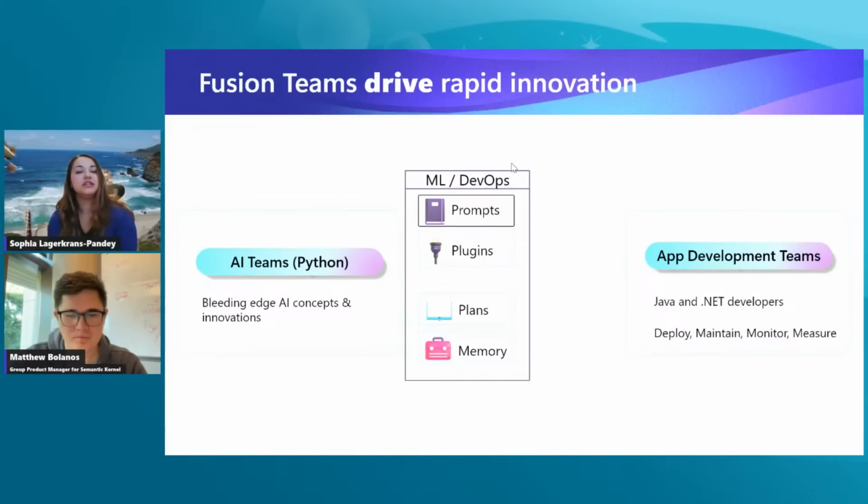But what we've been seeing lately, with all of the changes in the last couple of years within AI models, is they've gotten so advanced and so good that a lot of these AI teams no longer have to focus on creating those AI models, but can start to move into this middle section here, being able to go through and make prompts, which we'll chat about today, plugins, and other things as well, and really be able to think of what's possible with AI even more within organizations.